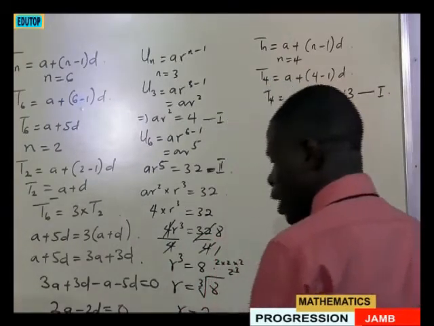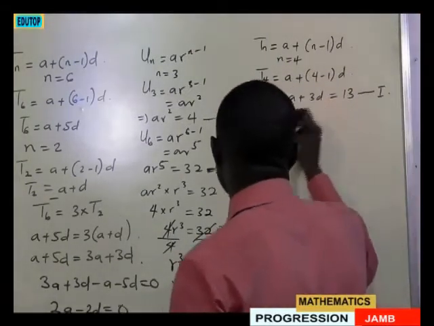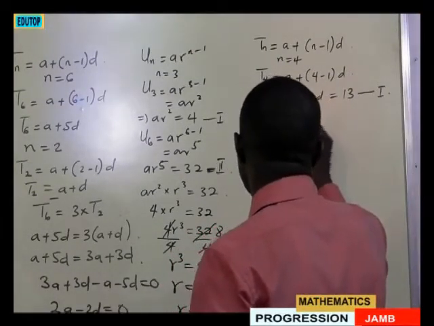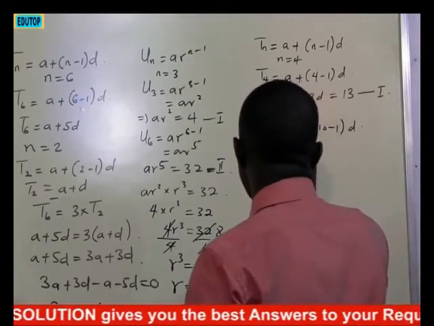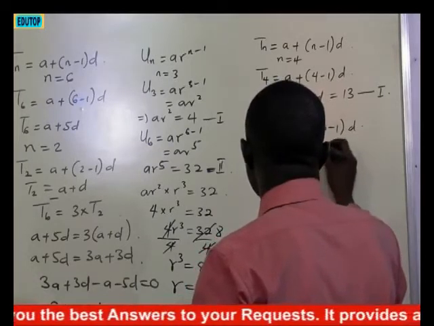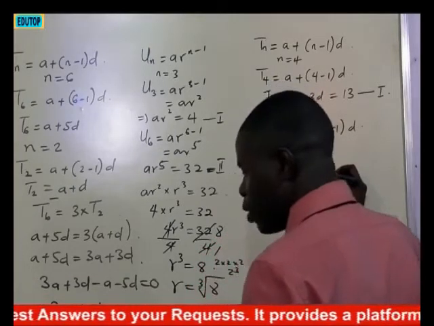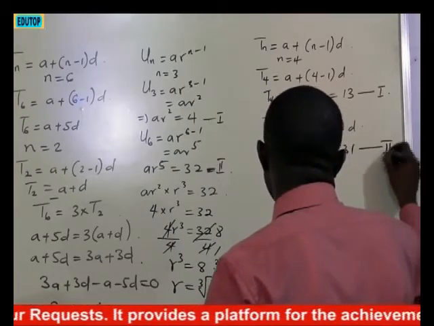Then the question goes further to talk about the 10th term, that is when n equals 10. We have T10 equals A plus 10 minus 1 D, so T10 equals A plus 9D. Is that value given? It is given as 31. So I have this as equation 2.